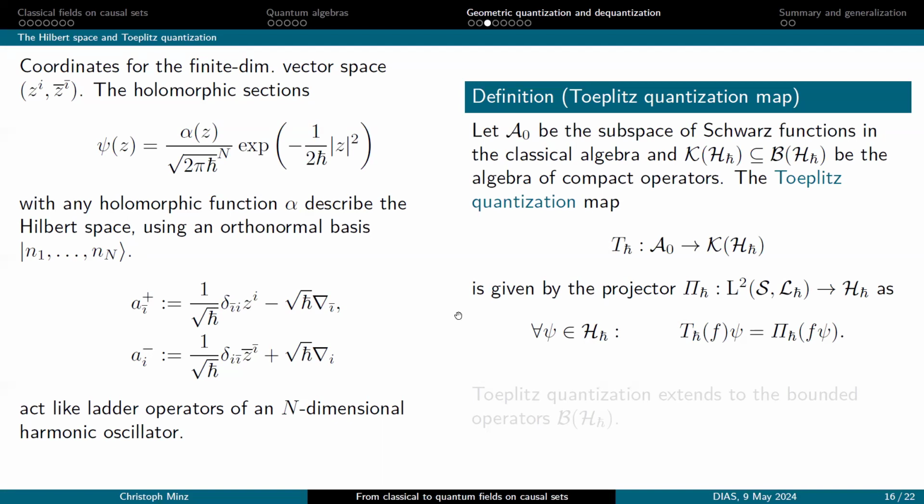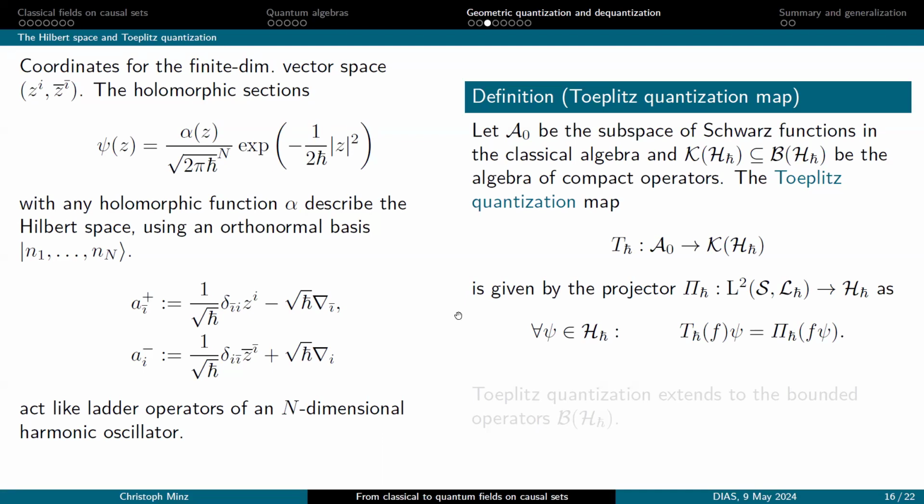We just use Schwartz functions and map them to compact operators, in the sense that we project them down with this projector capital Pi there, and this gives us a quantization map. This gives us a quantization procedure. This is known as the Toeplitz quantization.